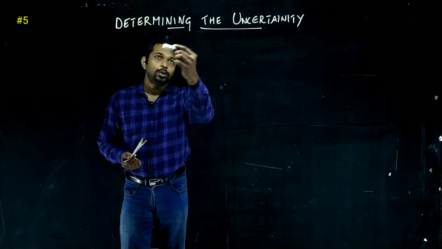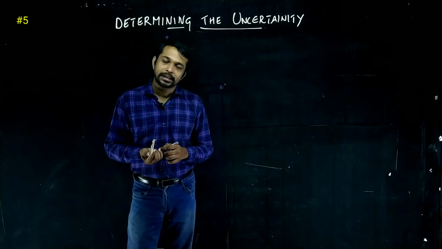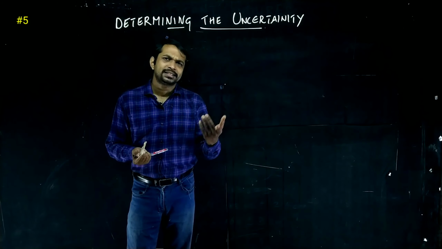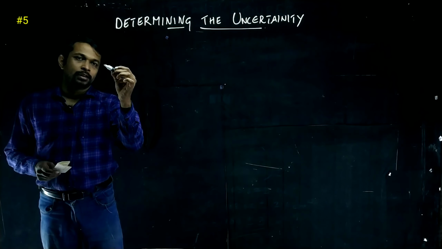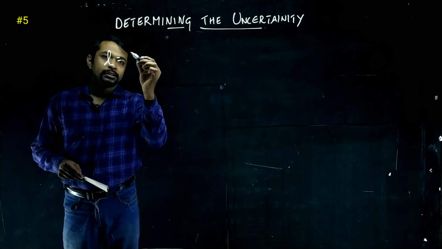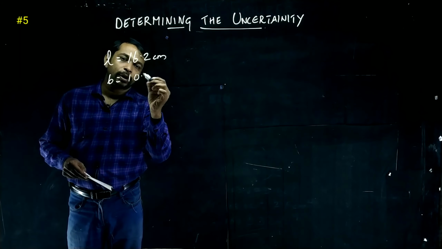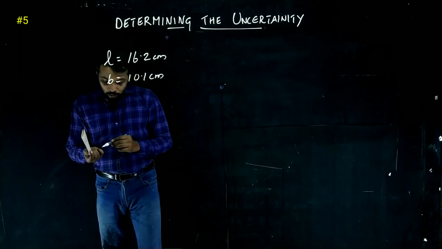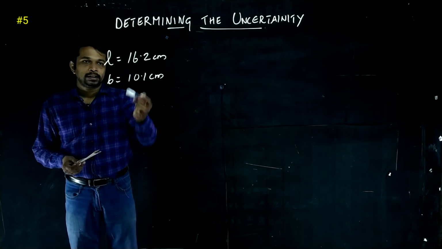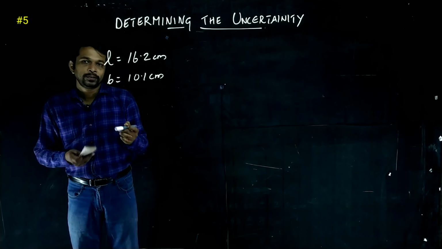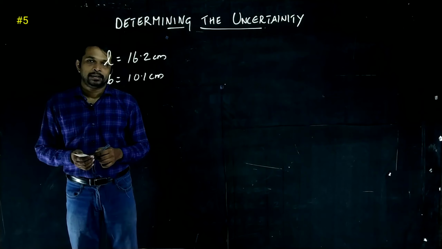Now, to determine the uncertainty when we are doing some arithmetic operations, let's take the same example that you have in your textbook. We have got two dimensions, length 16.2 centimeter and breadth equal to 10.1 centimeter. Now see, we have seen that when we are measuring a value, the last digit can be uncertain, right?